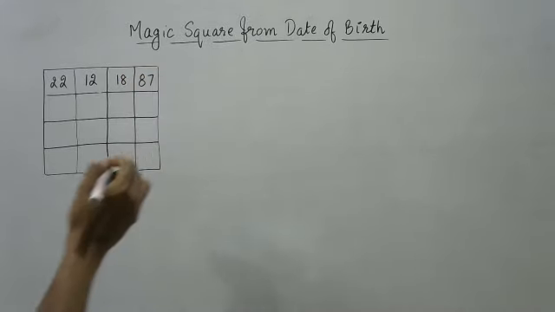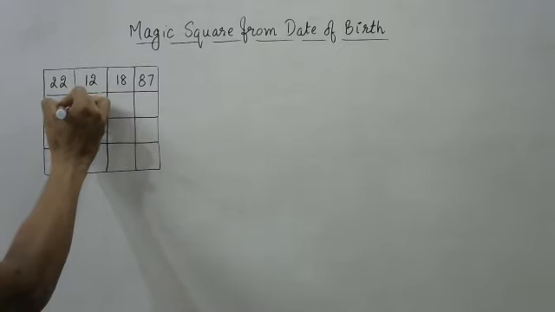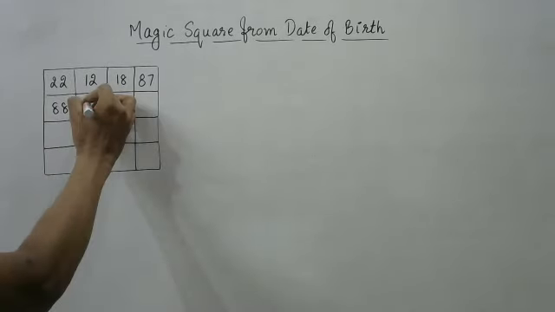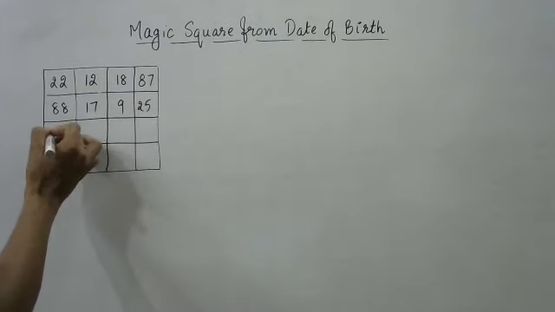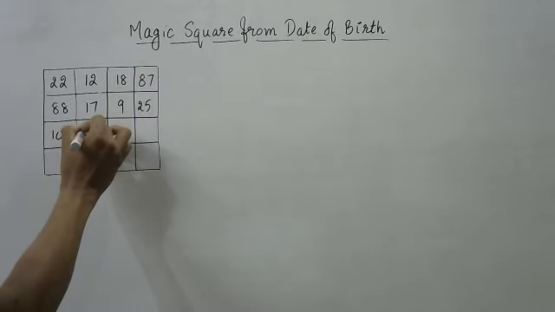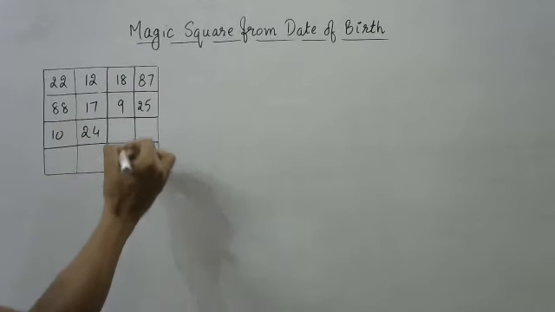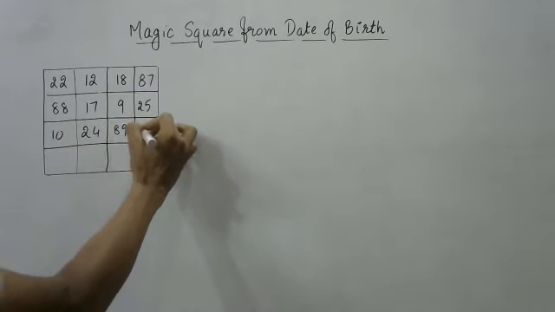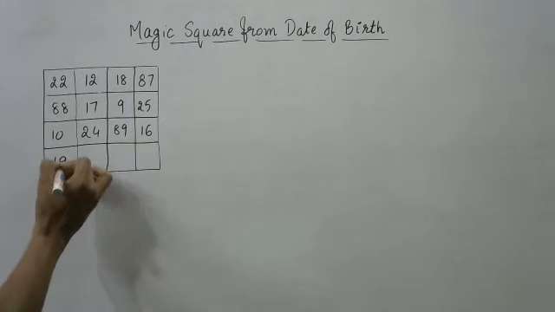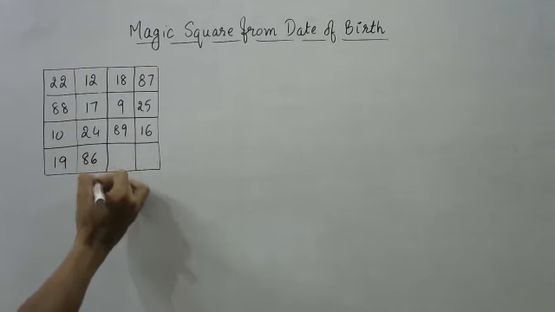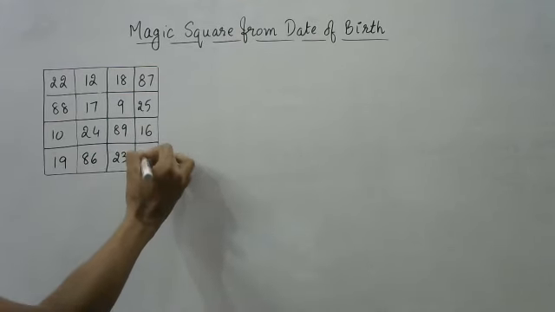The second row has 88, 17, 9, and then a 25. Then in the third row, we have 10, 24, 89, 16, and then 19, 86, 23, and 11.